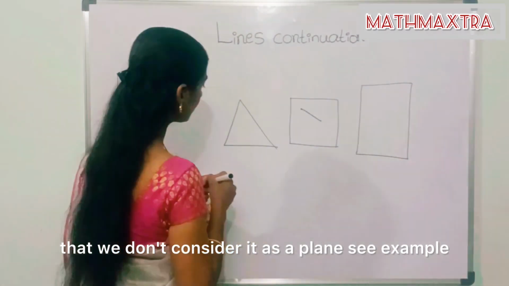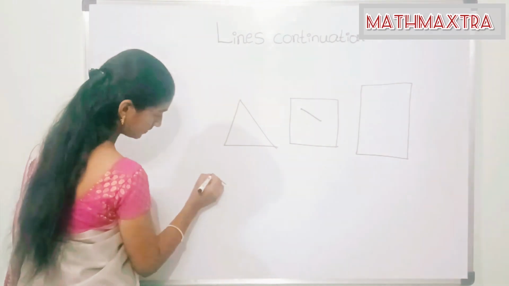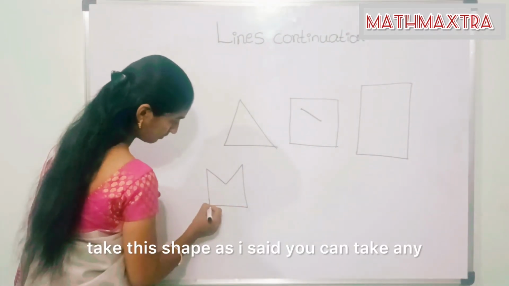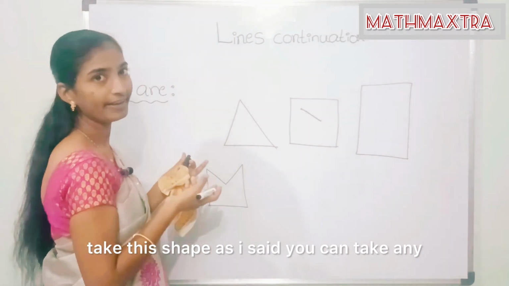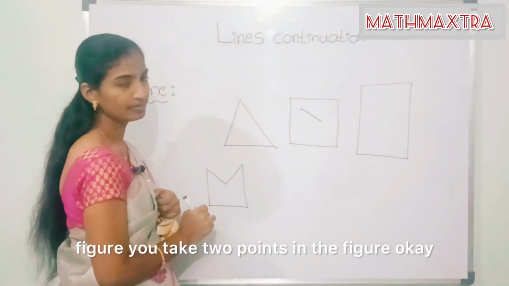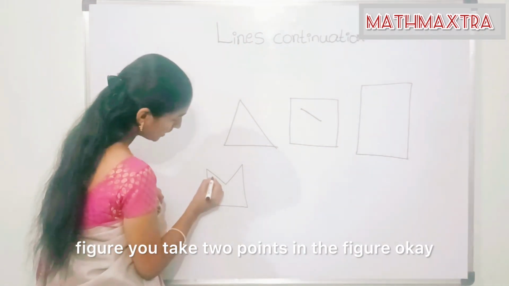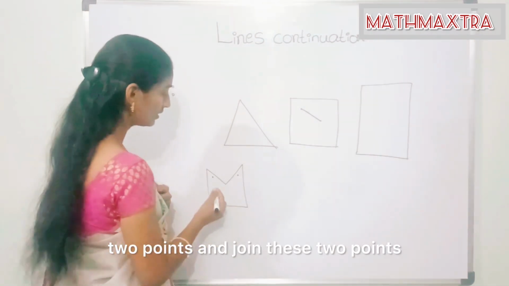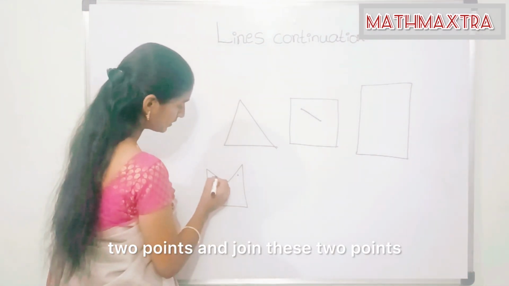See, for example, take this shape. As I said, you can take any shape. So this is also a figure. You take 2 points in the figure and join these 2 points.